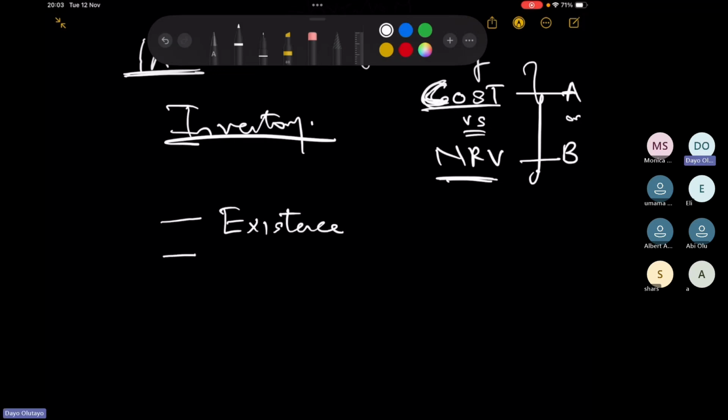So how do we know that this inventory truly exists? We need to check. Does it exist? That is when inventory counts will come from. Similar to when we're doing account confirmation for account receivable. Yeah, existence, valuation, very important. And you see, inventory count as well will play a big role in this one.